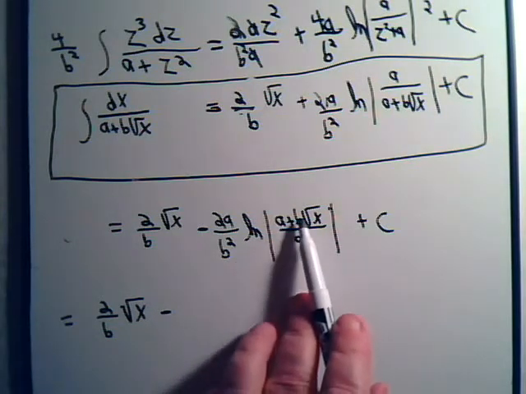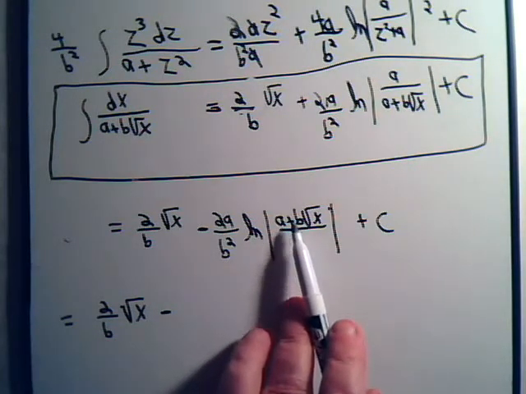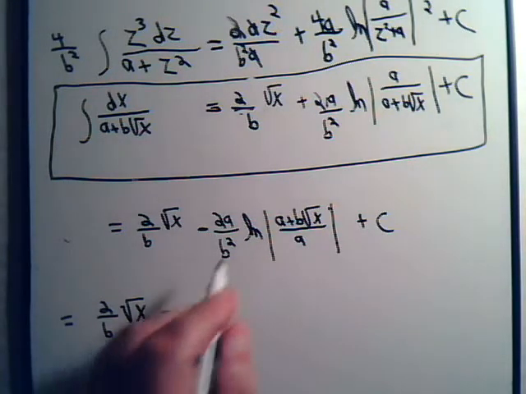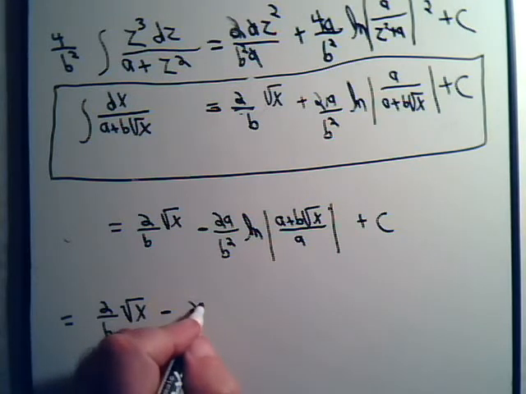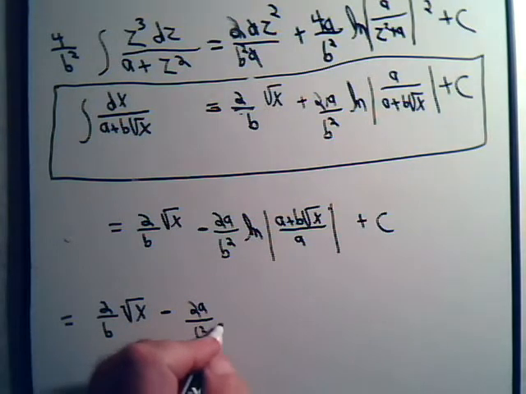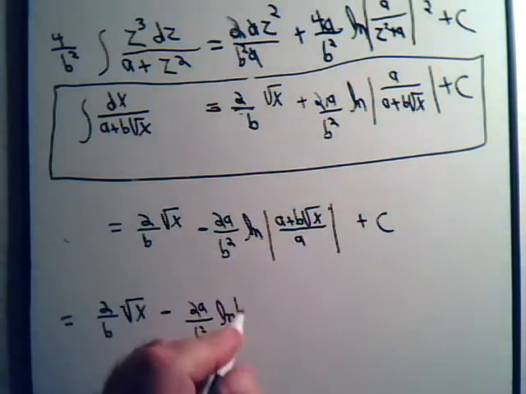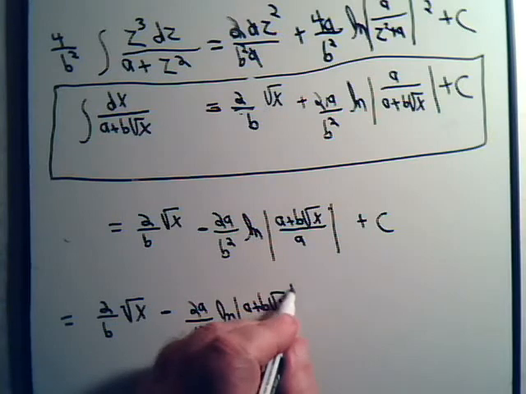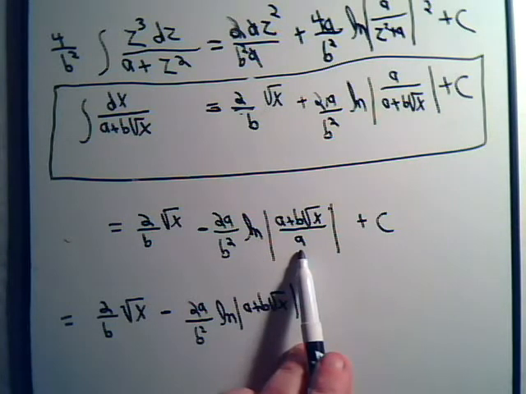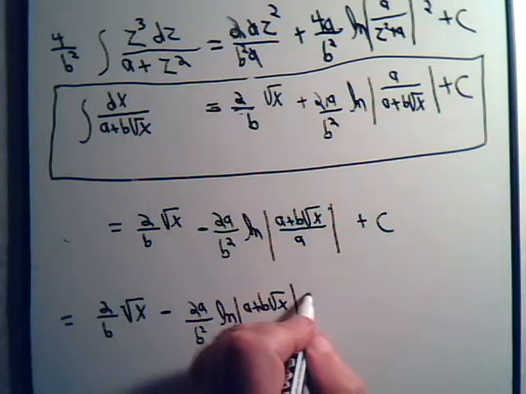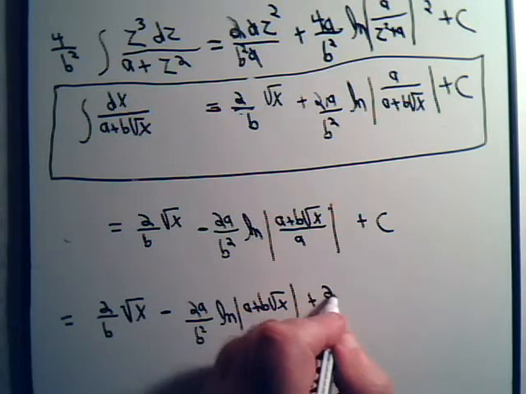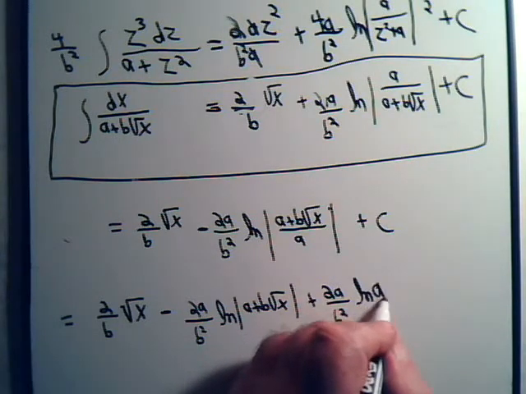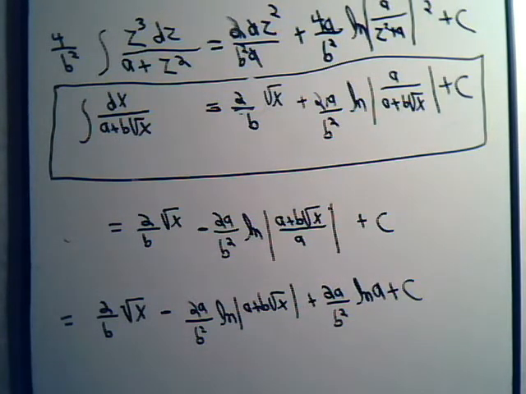minus, now we're going to have the natural log of this minus the natural log of the denominator here. We have a minus sign out here, so this would be minus 2a over b squared, the natural log of this, a plus b times the square root of x, minus this, with a minus sign, that will be plus 2a over b squared, the natural log of a, plus c.